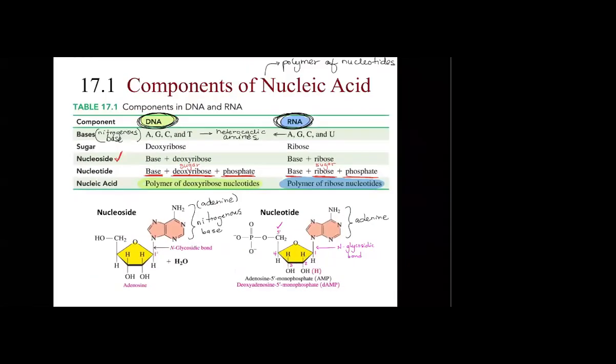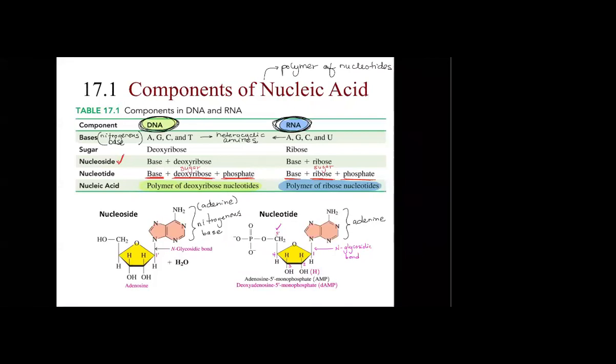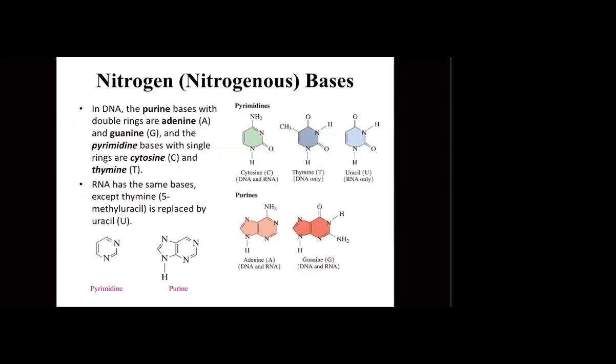Now, let's look at the nitrogen bases and the sugars for each of the respective nucleotides. As I mentioned, the nitrogen bases are heterocyclic amines. When it comes to the classifications of the nitrogenous bases that we see in biological systems, some are going to be pyrimidines, some are going to be purines.